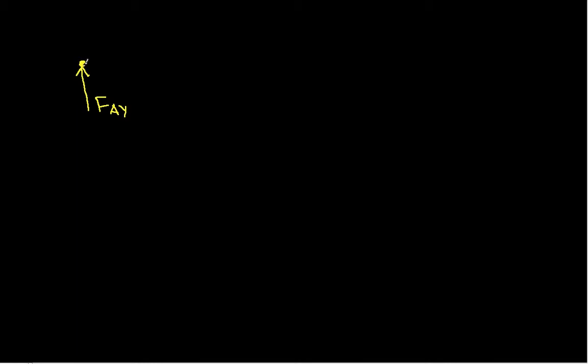We have a force to the right, which is TAC, and a force up and to the right, which is TAB. And because I have equilateral triangles, all of my angles here are 60 degrees.